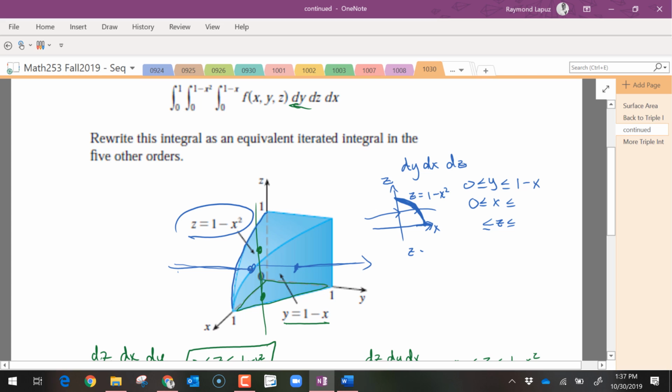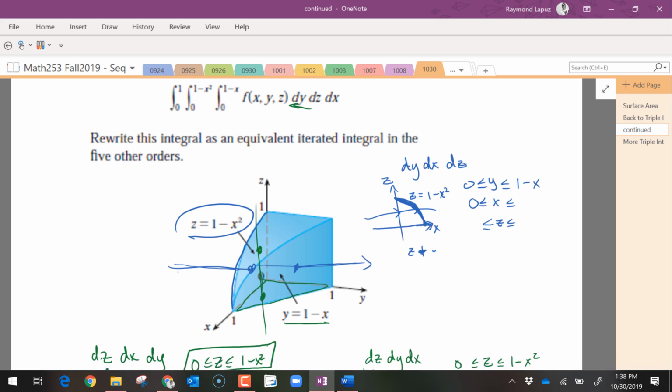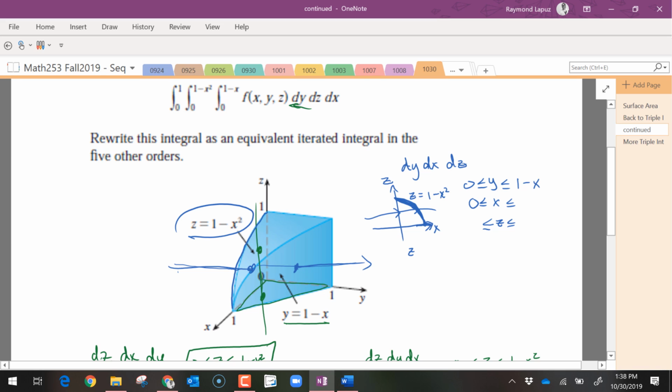So z minus 1 is equal to negative x squared, and then x squared is equal to 1 minus z. x is equal to positive or negative square root of 1 minus z. So it's either the positive part or the negative part.